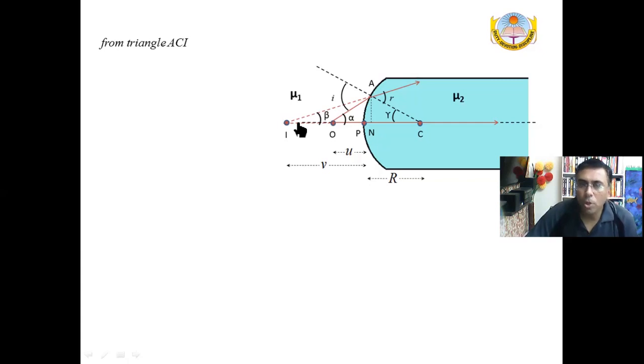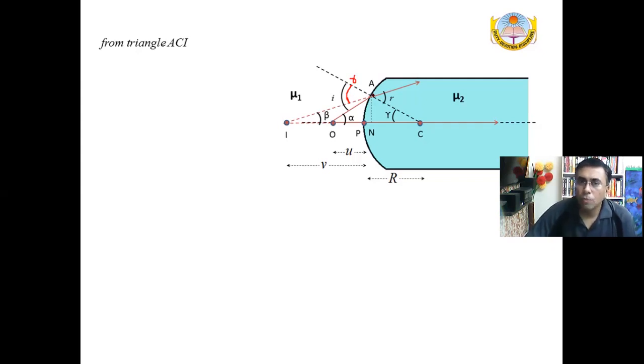If you look carefully, the exterior angle for this triangle would be this angle, and this angle is nothing but angle R, because this and this angle are vertically opposite angles.